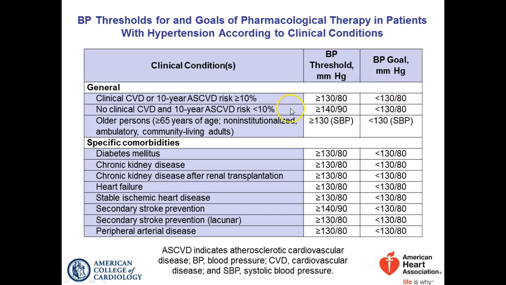In the case of folks who have a lower risk, who are not really in that risk pool, we're going to say over 140 over 90 is when we're going to trip the trigger. In all cases, however, we're looking at the goal of 130/80 all the way through, everybody's goal.